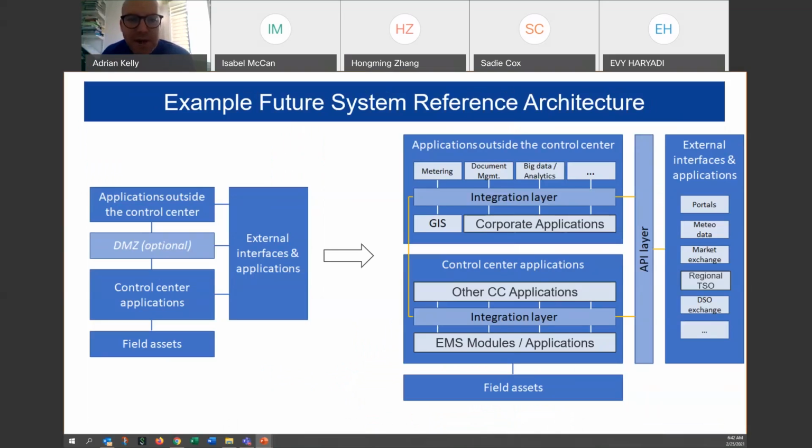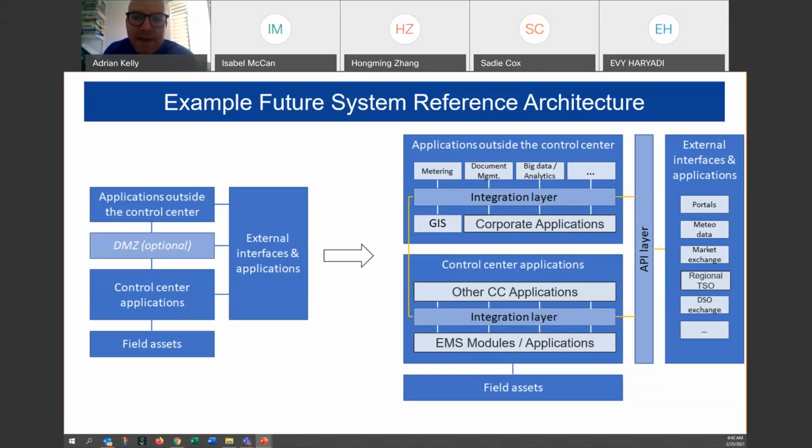Applications outside the control room are linked only via data exchange, push and pull kinds of systems. The control center applications, which include EMS, MMS, market management system, and your WAM system, are all in the control center block or bucket. These are connected via SCADA, IEC protocol, standard links to your field assets.